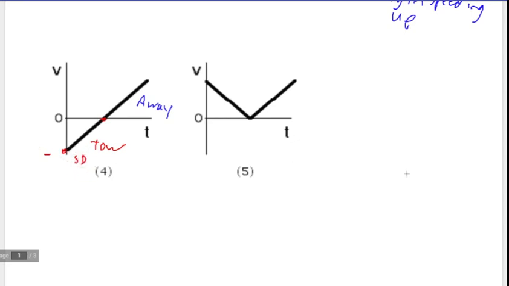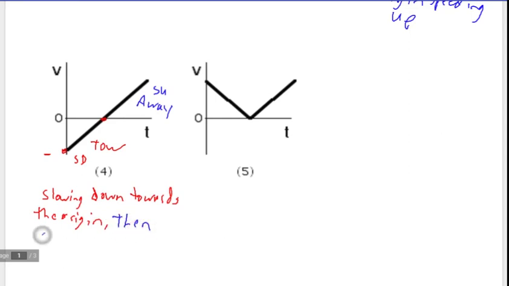On the flip side, I can see that my velocity is at 0 and getting bigger, meaning that I'm speeding up. So if I were to put all this together, it would be slowing down towards the origin. Then I speed up away from the origin.